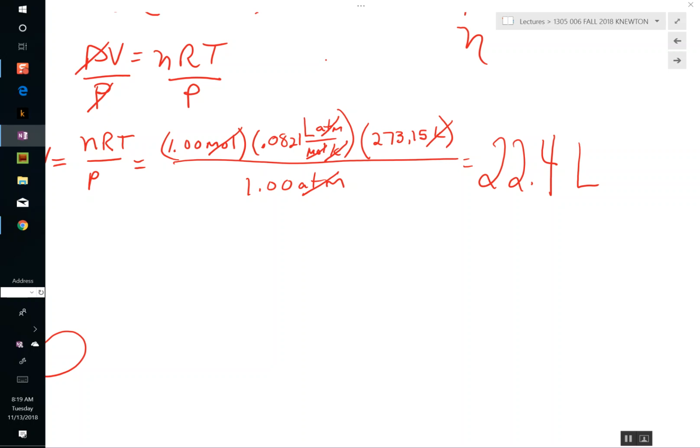So a mole of argon is 39.9 grams of argon. A mole of neon is 20.2 grams per mole. Helium, 4 grams per mole. 32 grams per mole. I'm just pointing out here, 28, what is that? 28.02 grams per mole.